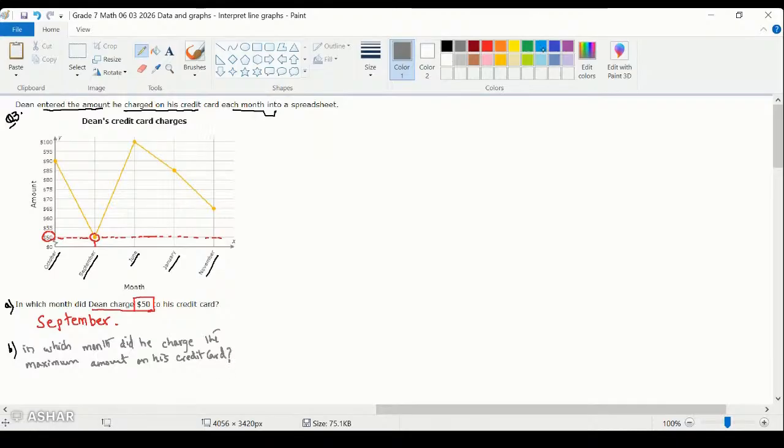So what we need to see is what is the maximum value. This was 50, this is 90, this was 100, this was 85, and this would be 65, right? That means the highest peak where the graph goes the highest, that is in June, his expenses were the highest, right? Maximum expenses in June because he charged his card $100 in June. Agreed?